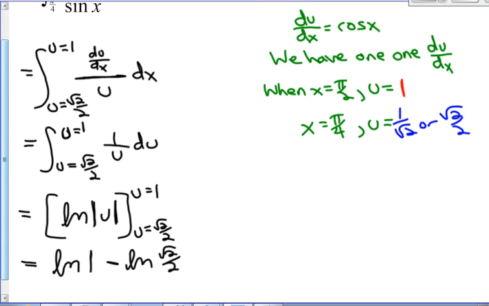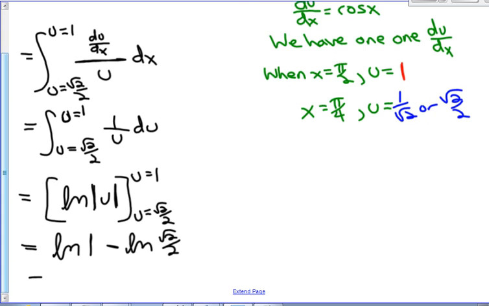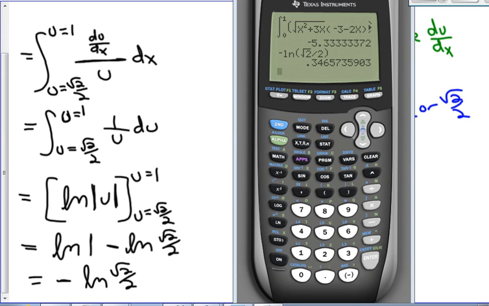Now ln 1 is just 0. So that'll give us negative ln of root 2 over 2. And if you're feeling really fancy, then we can put that in different forms. Or we can get its approximate value, which would be about 0.347.